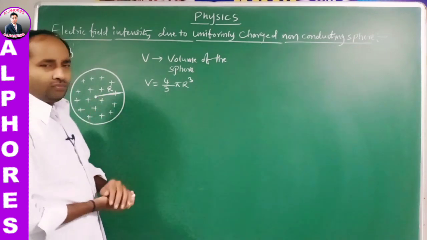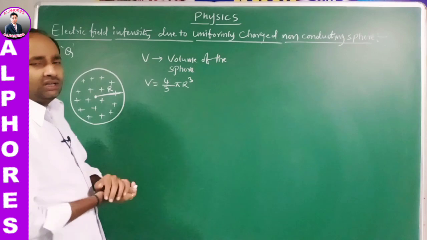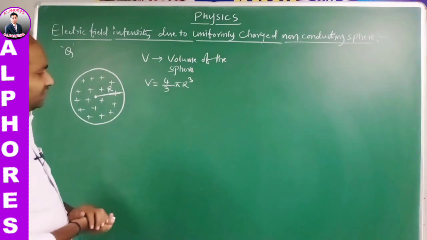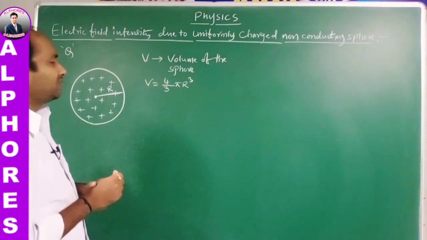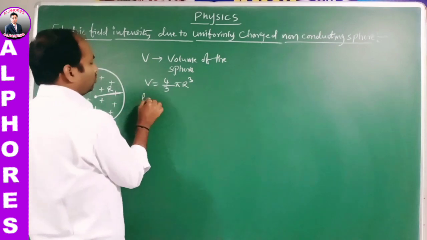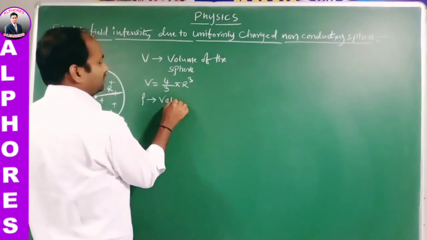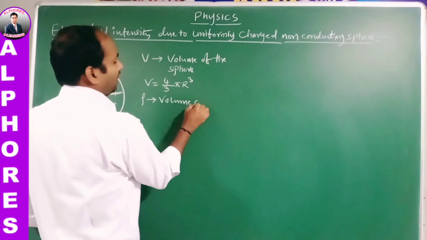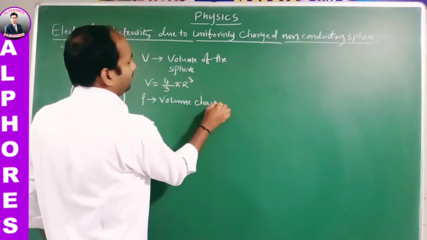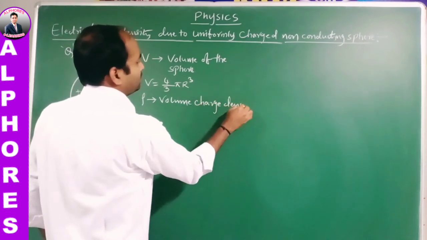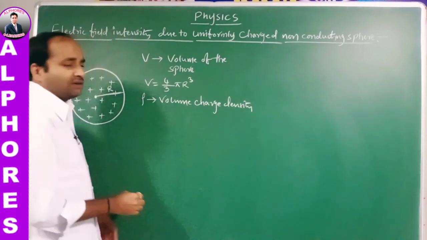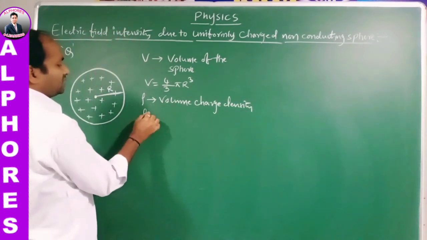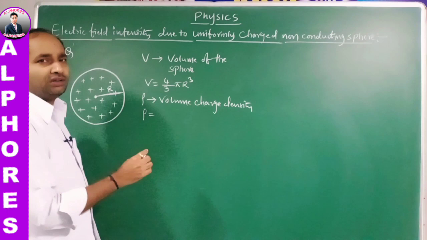Now, if rho is the volume charge density, we have 3 different types of charge density, and here we are taking rho as the volume charge density. By definition, rho is the charge per unit volume.